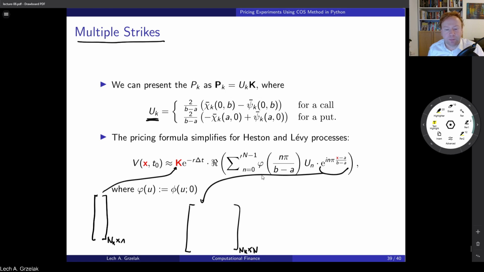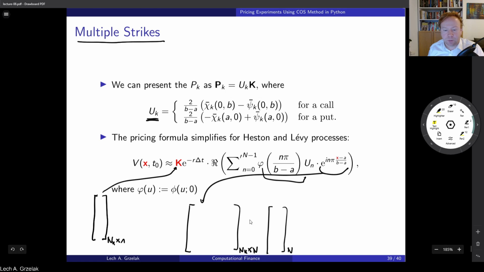So we have n terms of the summation, and we have nk strikes. Basically each row corresponds to each individual strike. And then here this element is essentially a vector, of course, with n expansion terms.